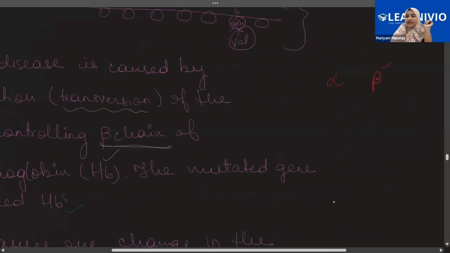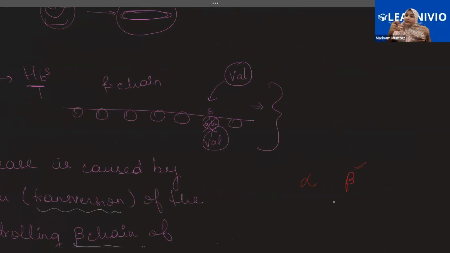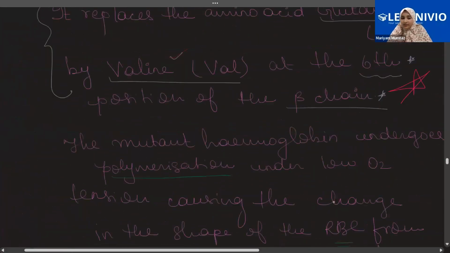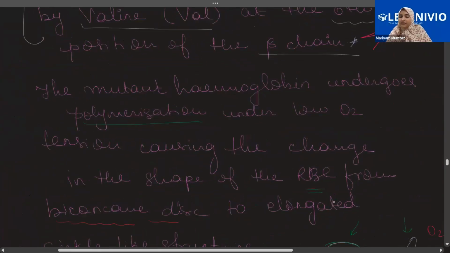So imagine it has a certain amino acid sequence, but now one amino acid is replaced by another. A different amino acid is coming. Because of which, what happens? This causes polymerization. Like, you know, what is the function of RBC? Do you know?